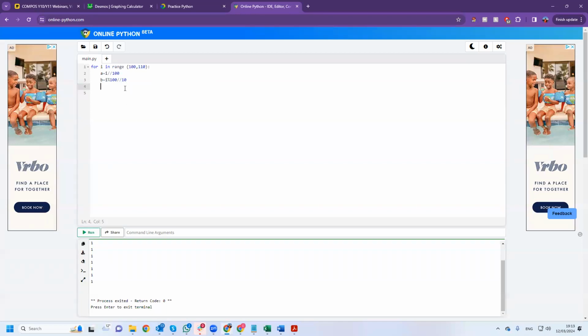Let's check that it is correct. Print B. Yep, the second digit is indeed 0. And C, the third digit, is I percent 10. Easy.